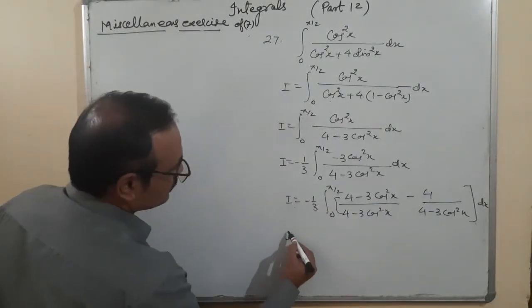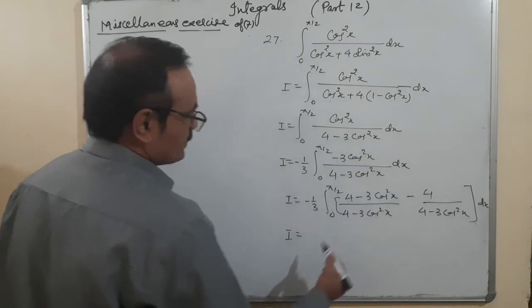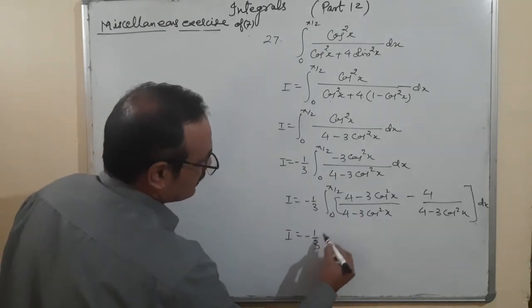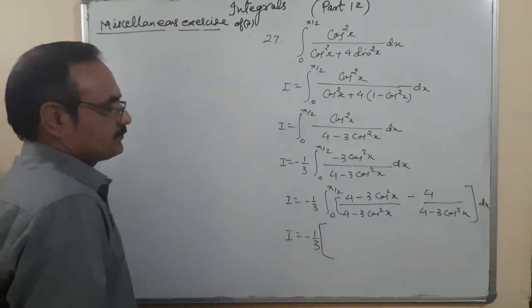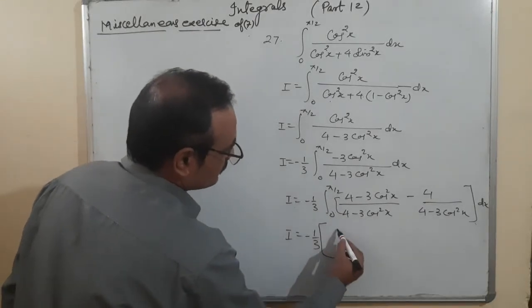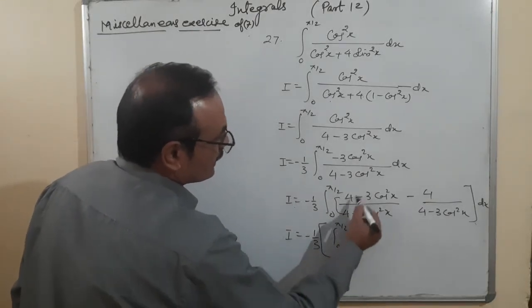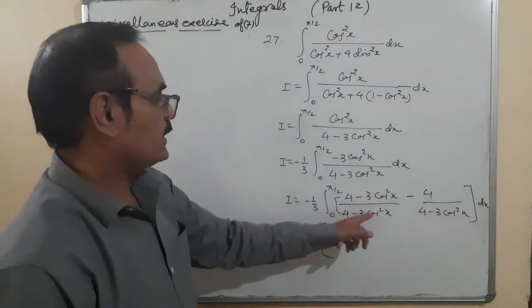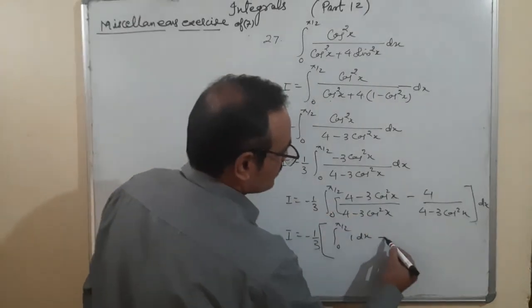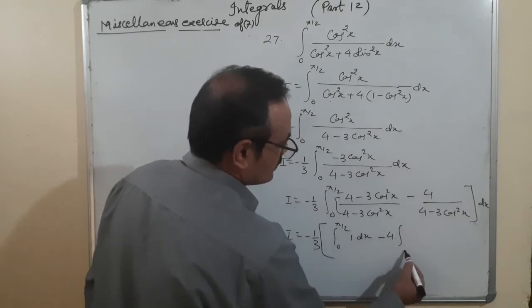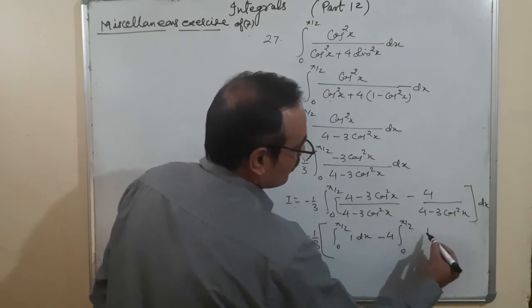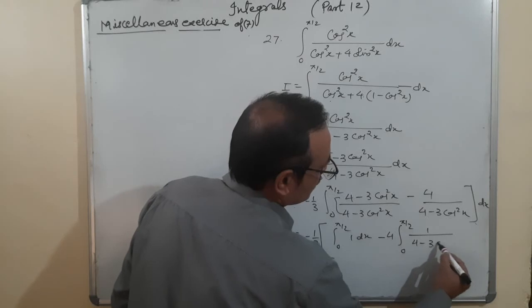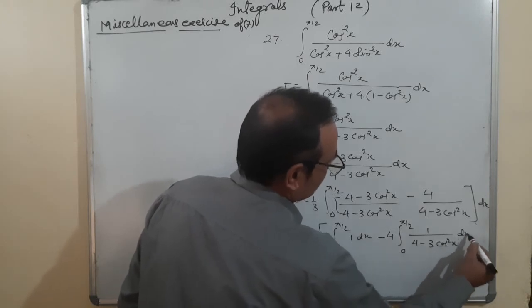I is equal to minus 1 upon 3 outside, integral from 0 to pi by 2 of 1 dx, minus 4 times integral from 0 to pi by 2 of 1 upon 4 minus 3 cos square x dx.